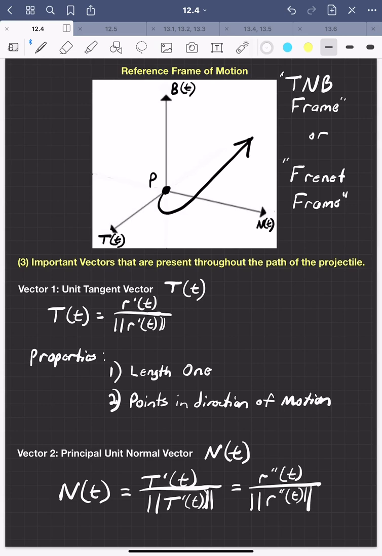Okay, so I'm going to list the properties of this vector on the next page. So let's do that now.